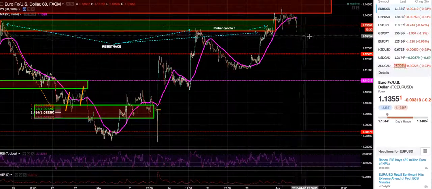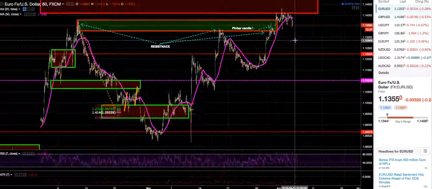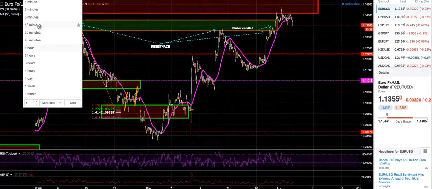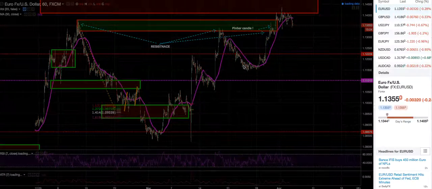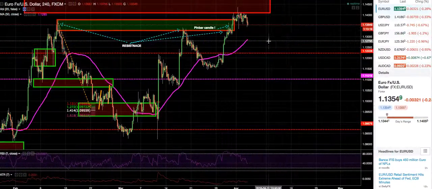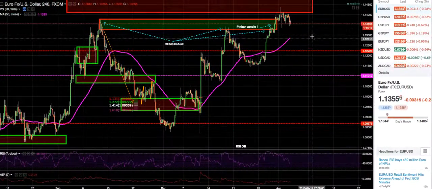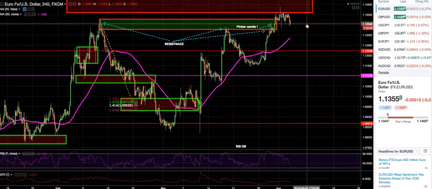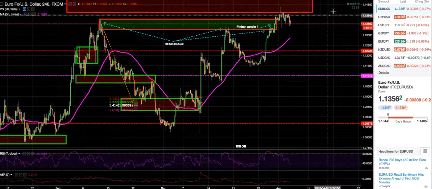So on the Euro, just a quick look. I believe, let's check out the 4 hours. We're gonna be sticking to the 4 hours. So right now there are two options.